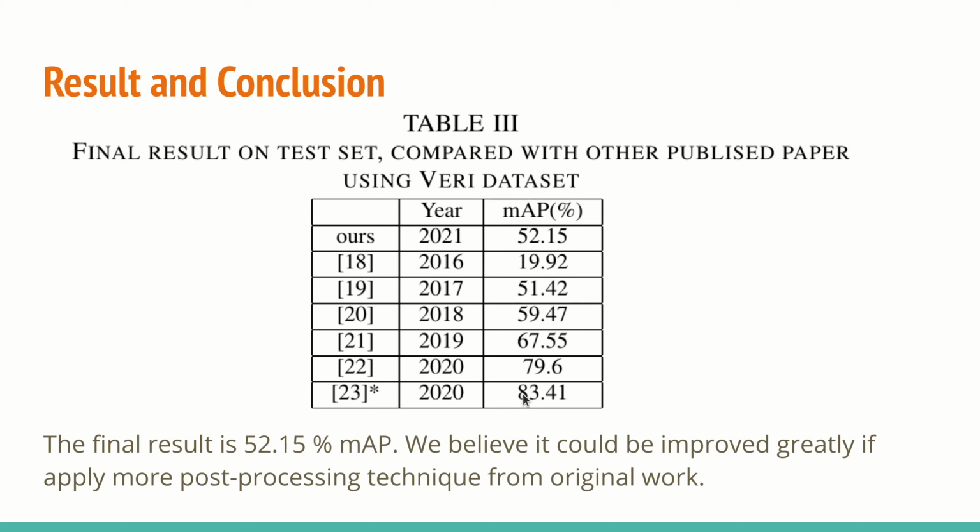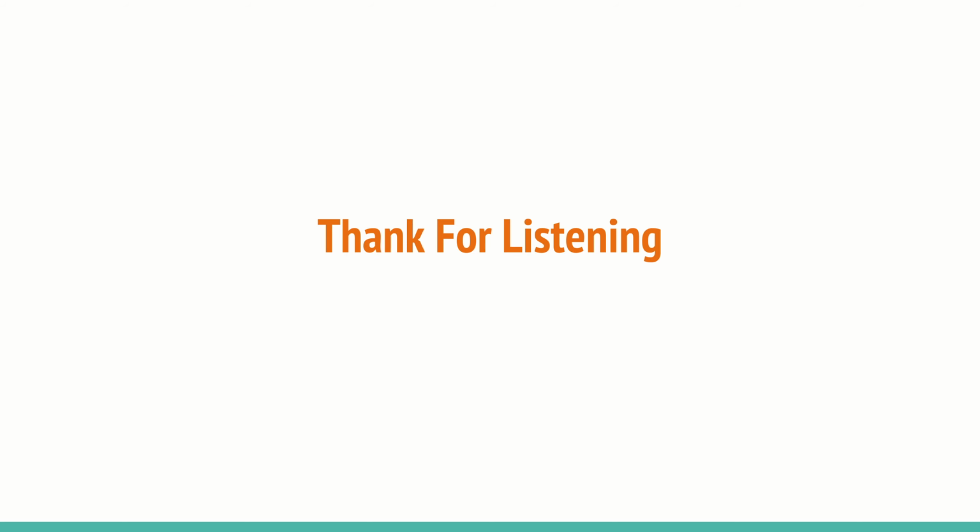The latest one, maybe the state of the art, is 83%. Although our result is not impressive compared to the state of the art, I believe that it could be improved greatly if I applied more post-processing techniques and more techniques from the original work. I cannot do that because of limited time and resources. Thank you for listening.